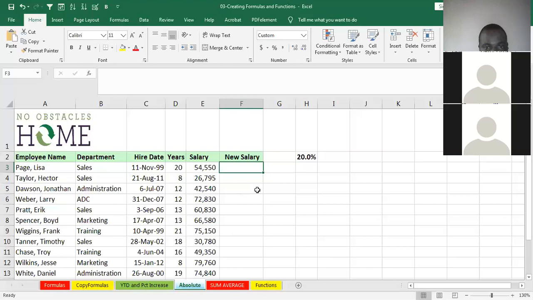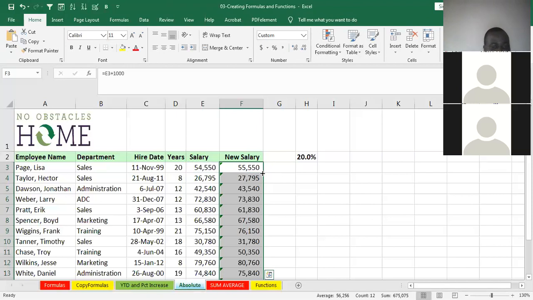It's basically going to be E3 plus 1,000, then you drag down. Everybody has been settled. Is that correct?